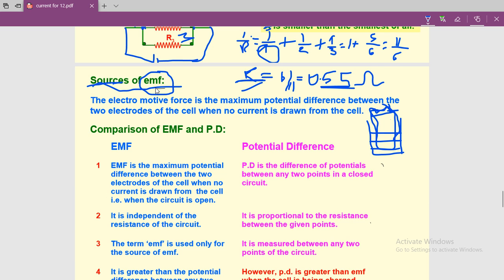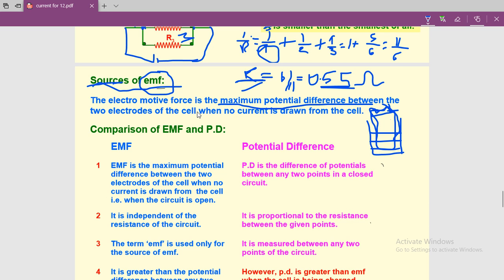Now EMF is electromotive force, and that electromotive force mathematically can be found by the maximum potential difference, and it can also be defined as the amount of work done to carry unit charge in the complete circuit. Complete circuit means including the internal part.